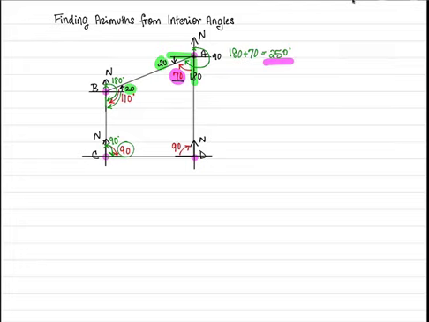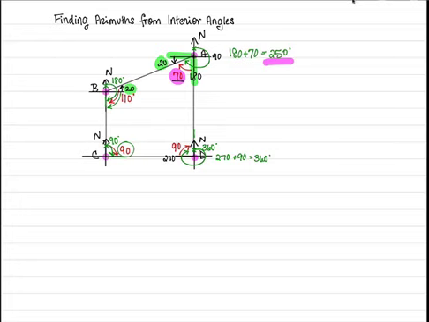Now for point D, it's not 90 degrees because it has to start on the north line and go all the way around clockwise, back up to this line. This is 270. So 270 plus 90 will give you 360. This is a 360 degree azimuth.